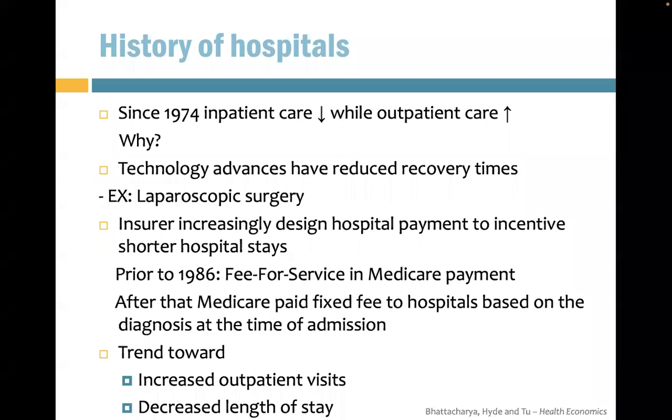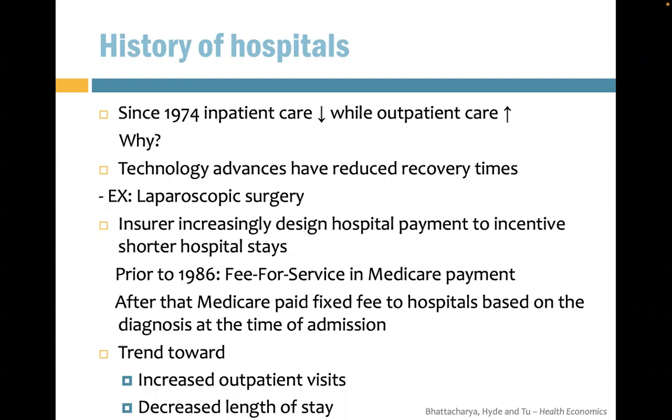Okay, so if the hospital already knows that this patient is code number 3, and this is the fixed amount of money that Medicare is going to reimburse me for treating this patient, then since my revenue is fixed, I cannot maximize my revenue, but I can minimize my cost. So as a hospital, I want to minimize my cost. I want to make this patient leave the hospital as soon as possible.